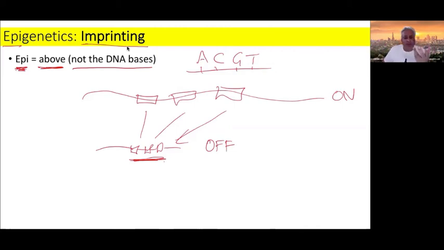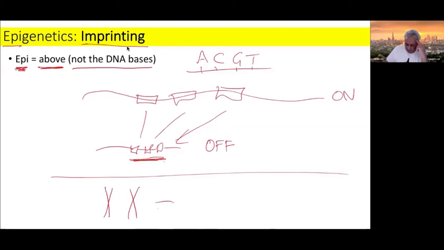And if you take a few seconds to think back to the video lecture on Barr bodies and X chromosomes, you will notice that's exactly what happened there. So we have 2 X chromosomes inside the female. One of them will be shut down into a Barr body. And a Barr body is an example of that.